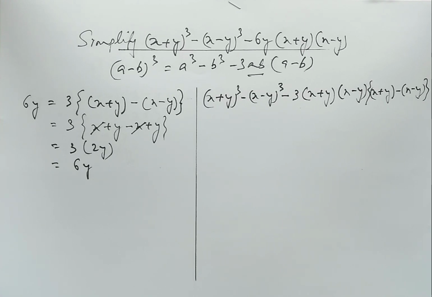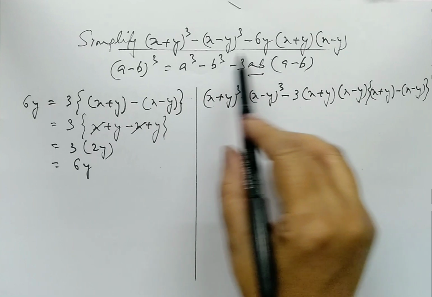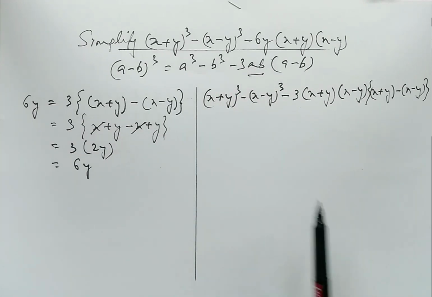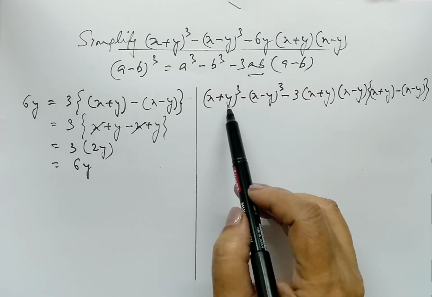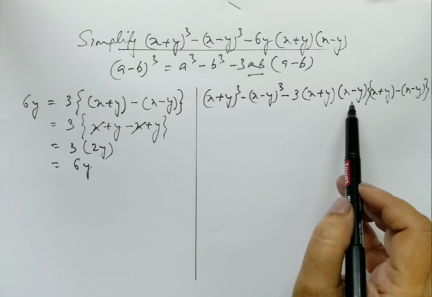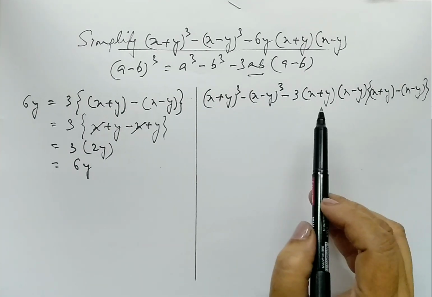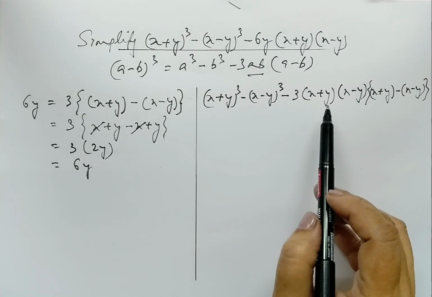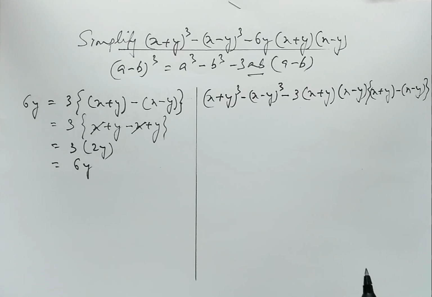We have tried to reassemble it and make it appear like the identity which we have, which means if we have found our a cube minus b cube minus 3ab as per this and a minus b, we know that we have found our a minus b whole cube, correct?